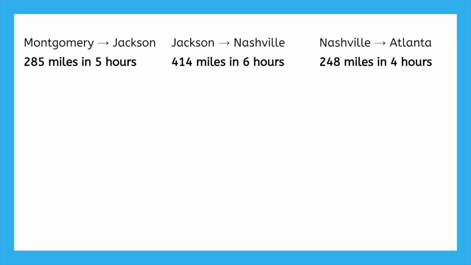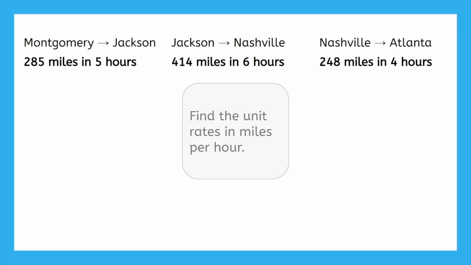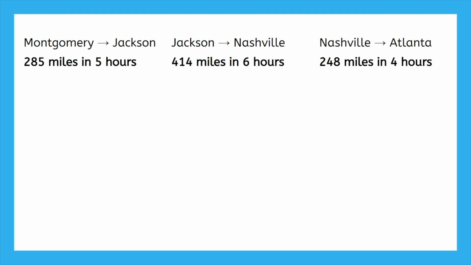Now let's look at these rates that represent my drive between the rest of the cities. Pause the video and find their unit rates to find the miles per hour I need to drive to get to each city on time. For Montgomery to Jackson, we divide 285 miles and 5 hours by 5 to get a unit rate of 57 miles per hour.